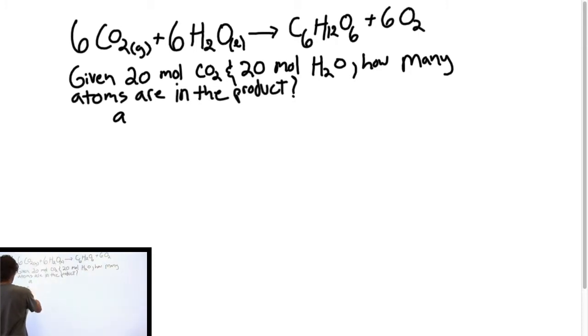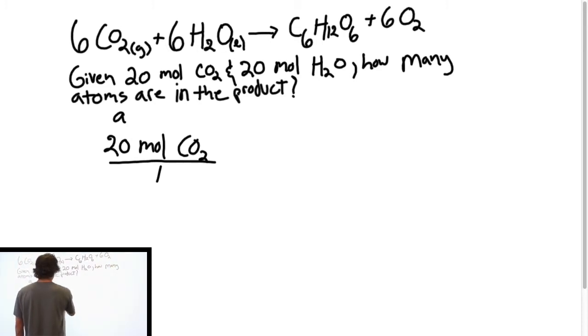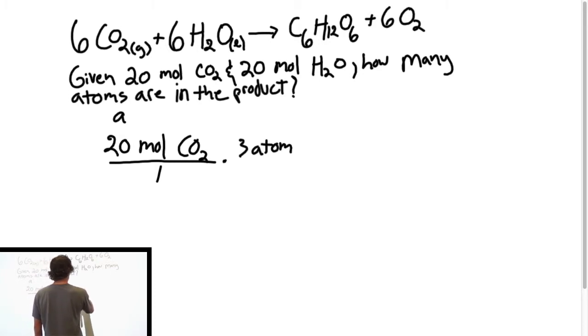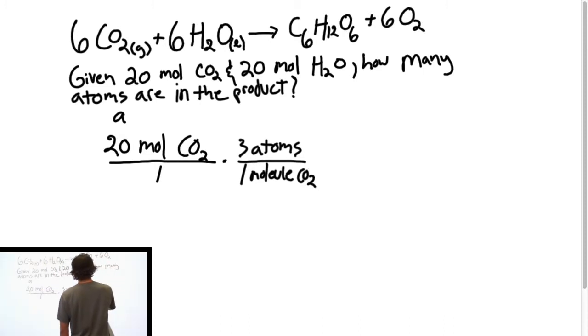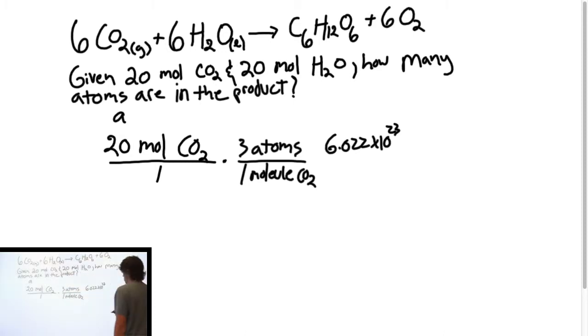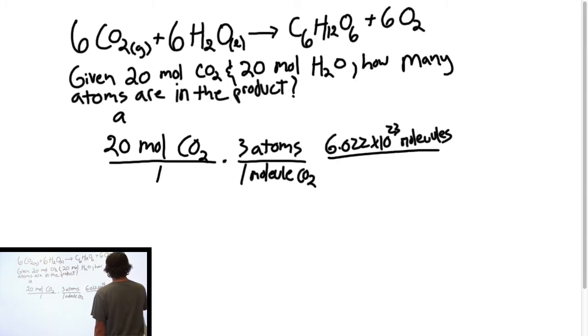So we know that we have 20 moles of CO2, and then we're going to multiply this times the number of atoms in one molecule of CO2, and then we'll take this times Avogadro's number, which states that there are 6.022 times 10 to the 23rd molecules or atoms, depending on what we're working with, to 1 mole.